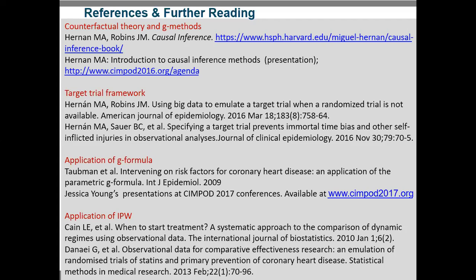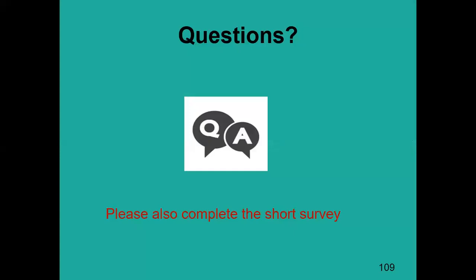The rest of the references are four references related to how we apply the G formula approach and IPW approach in actual clinical studies. I found those studies very helpful for us to understand both theory and the approach to implement causal inference methods for analysis.